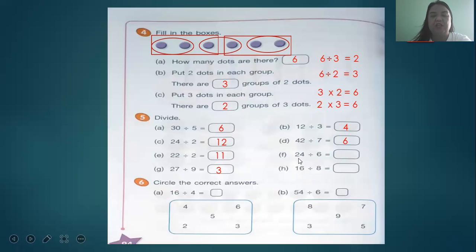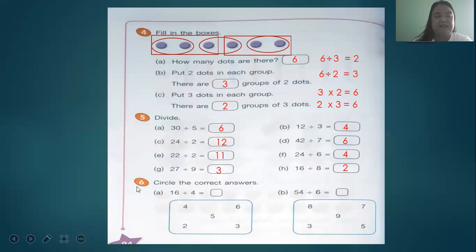Next, 24 divided by 6, how many groups you can get? Right, 4. Or when you multiply 4 times 6, the answer is 24. Next, 16 divided by 8 is equal to how many sets of 8 you can get? Right, 2. Or when you multiply 2 times 8, the answer is 16.